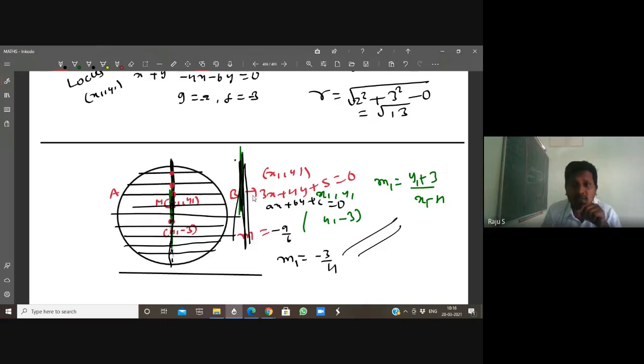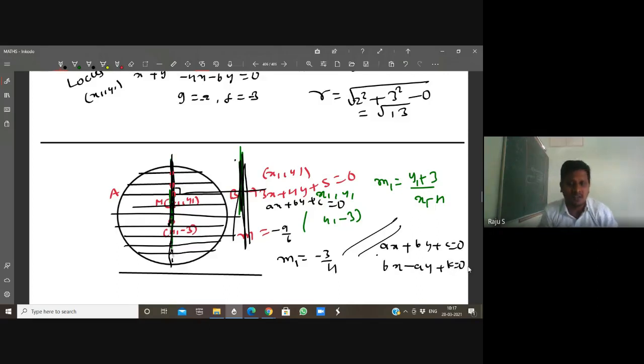But anyhow, here we need to find the chord equation. The chord is clearly perpendicular to the locus. So anyhow, this line equation is 3x plus 4y plus 5 is equal to 0. What is the perpendicular to this line? The chord is perpendicular. Whenever ax plus by plus c is equal to 0, the perpendicular to this equation is bx minus ay plus k is equal to 0.